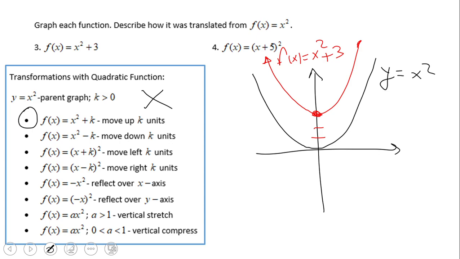Of course, this quadratic function can be graphed using a table like the previous example, but in this case I choose to use this transformation, and you see all the points of x squared move 3 units up. Go ahead and pause the video clip and try number 4.